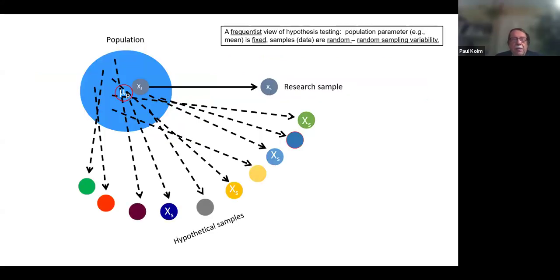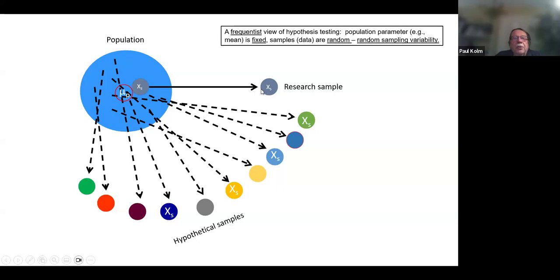So let me give a picture here, a representation of the frequentist view of hypothesis testing. In the population, which we'll represent here by the large circle, there is a population mean. From the frequentist standpoint, that is fixed, but we don't know what it is.